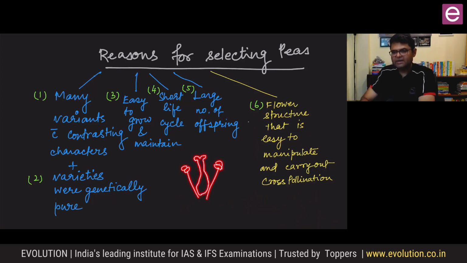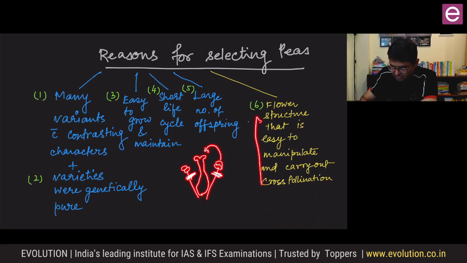So while you are getting the pollen grains from the tall one, what if pollen from here comes and causes pollination? Then the dwarf gets pollinated by its own pollen grain, and it will produce a dwarf plant. So the flower structure should be such that you can cut out the stamen, and you have the liberty to introduce the pollen grain from another variety.